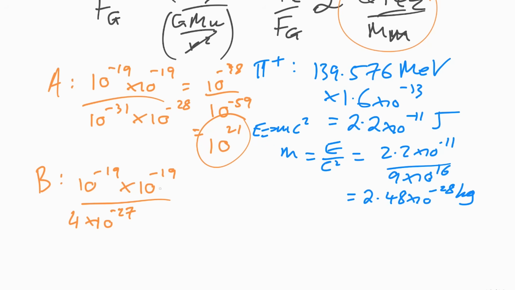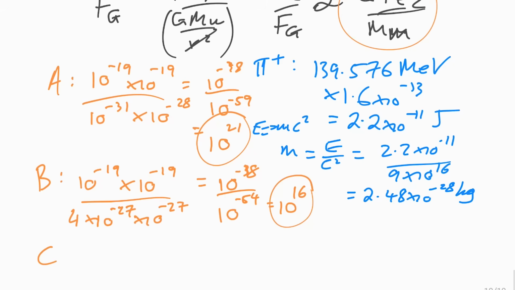We'll deal with that if we have to. So times 10 to the minus 27 for a proton, or a nucleon rather, and then it's the same for that. So that's going to be 10 to the minus 38 divided by 10 to the minus 54. And so that's going to be 10 to the 16. I'm running out of space here.